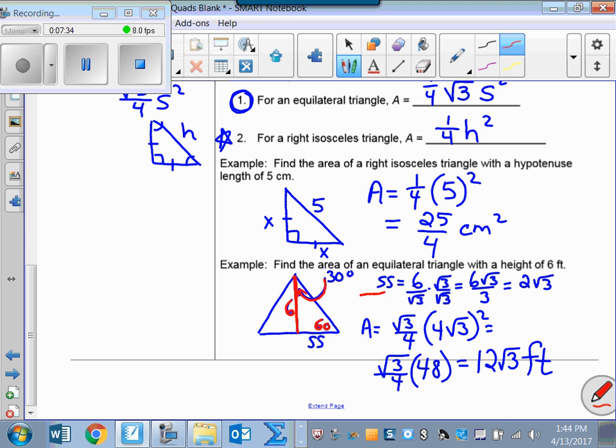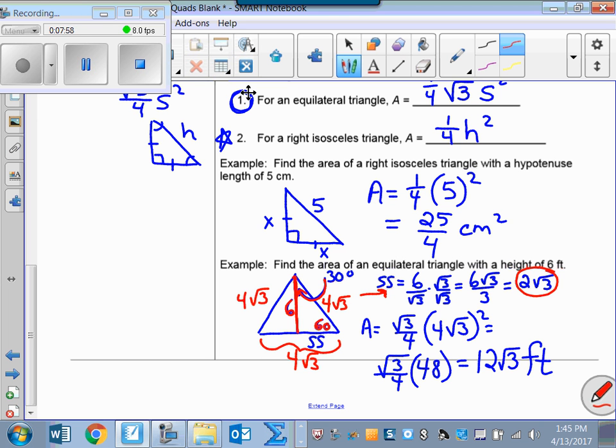So over here, I went to find my short side, and I had to do that by dividing the long side by the square root of 3. So I get the short side here is 2 times the square root of 3. That means this entire side length is 2 times that, which is 4 times the square root of 3. So all the sides of this equilateral triangle measure 4 times the square root of 3.